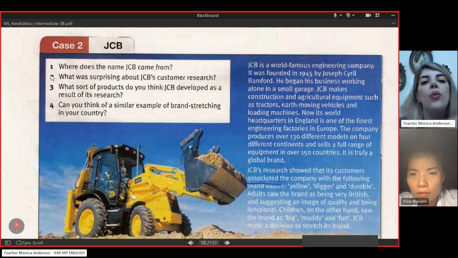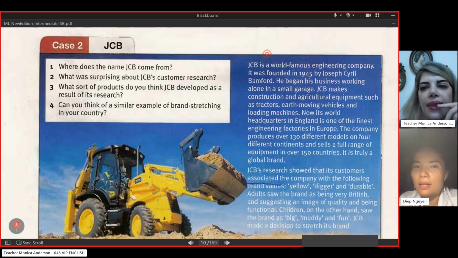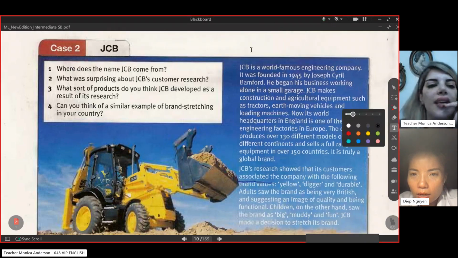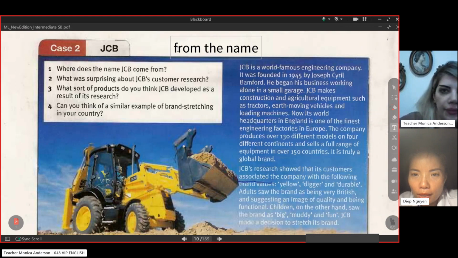So where does, for example, how maybe how it got this name? I know JCB, but it's mentioned from Europe and not mentioned in detail.